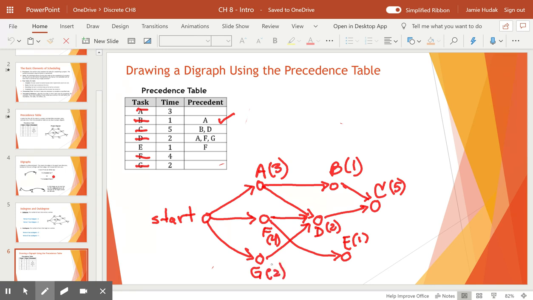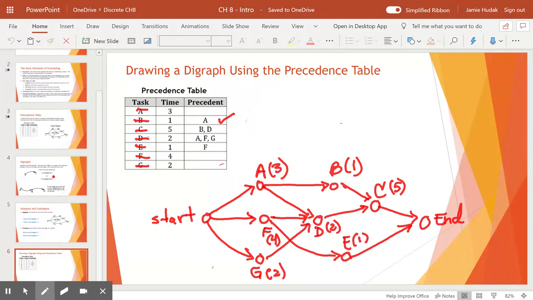All right, and the last step is these last vertices here need to go to a vertex that we call end. So we've ended the project. Okay. And that's it to drawing a digraph. We used a table to help us identify precedence tasks as we draw new tasks and we connect them.